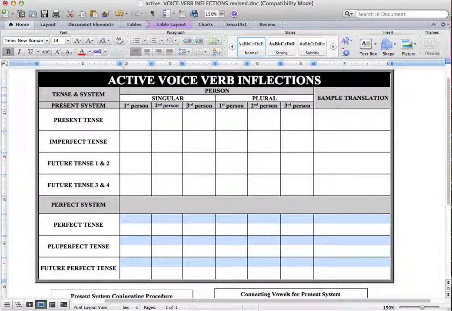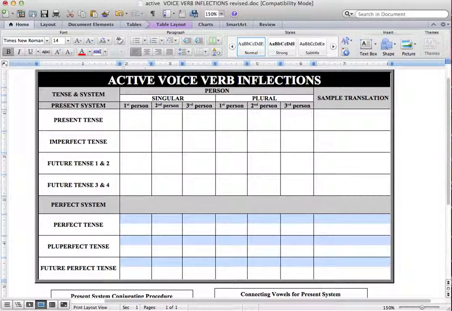So as we move forward to look at the perfect system, we want to understand that they are a system because of the same types of similarities that we saw in the present system. The perfect system tenses are the perfect, the pluperfect, and the future perfect. And we are going to discover that all three of those tenses will also be conjugated using the same set of rules.